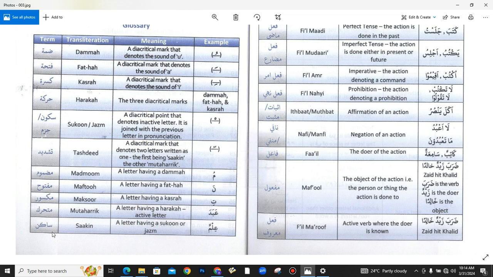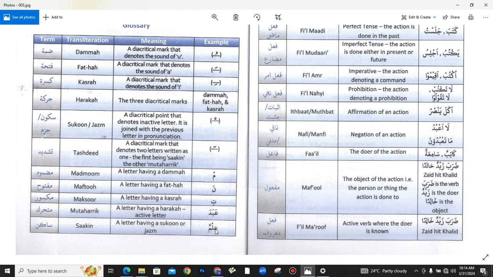Ilmun, sakin. What is sakin? A letter having a sukun or jazm. Yes, as I had mentioned earlier, this was the sign. Now here, ayn is not having jazm. If you are noticing, ayn is having kasra. So ayn is maksur, also mutaharrik. I mean, two attributes.